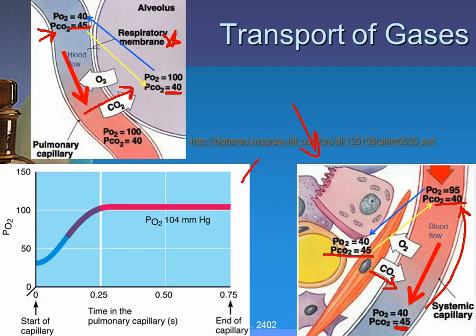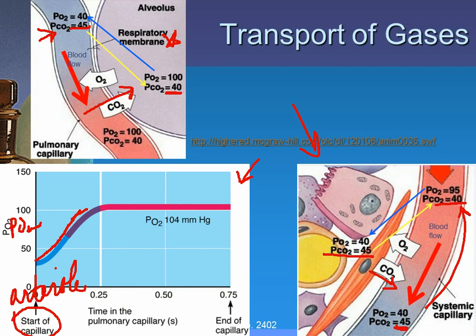And on the graph down here at the bottom, you can see that it's kind of off the scale here, but this is PO2 right there on the y-axis. And it's just showing you that at the arteriolar end of the capillary, it's picking up oxygen. By the way, these are arterioles becoming capillary beds around the alveoli.